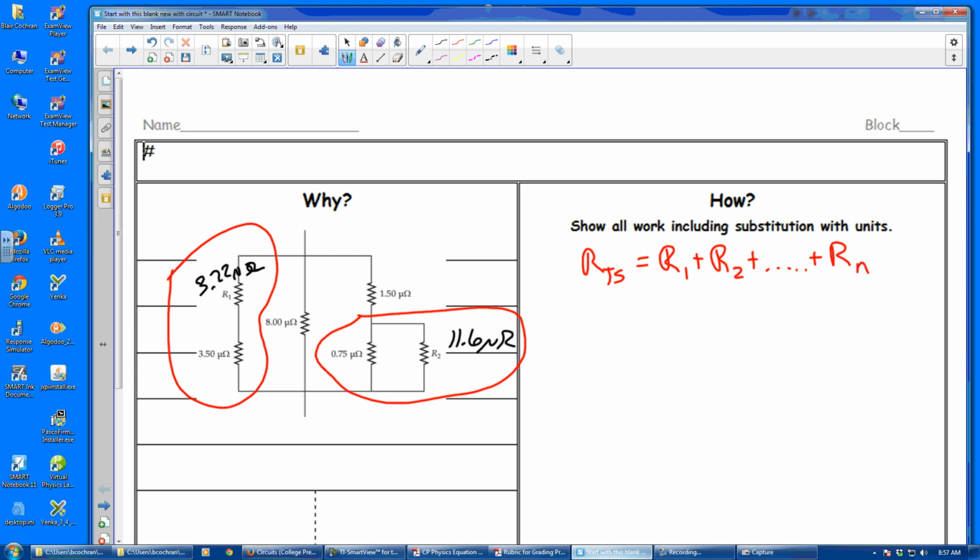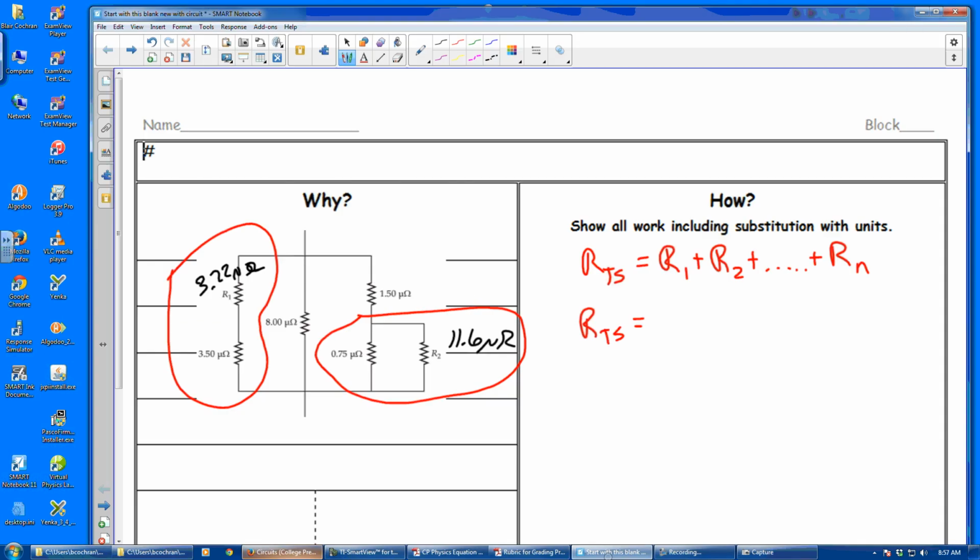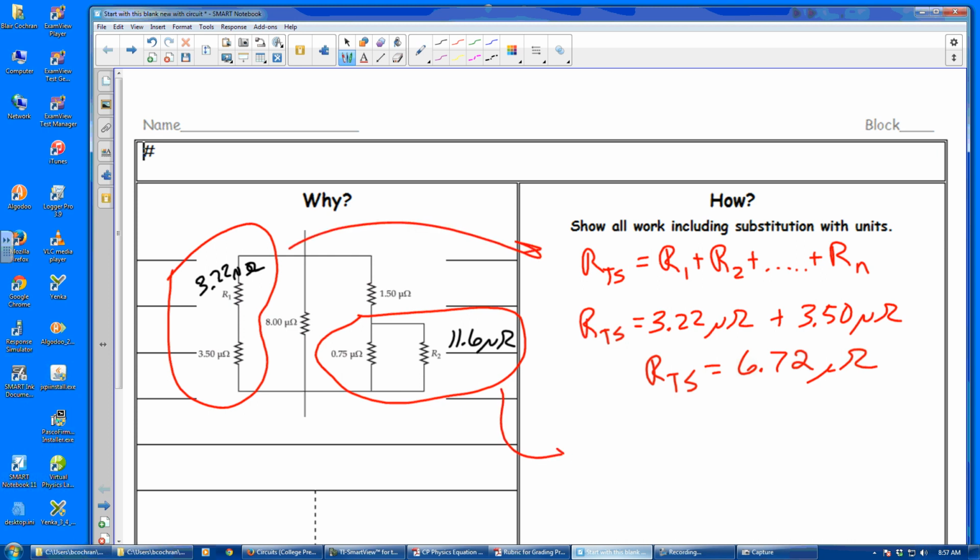And so here I only have two, so RTS equals the 3.22 microohms plus 3.50 microohms. Kind of do that one in my head. 6.72 microohms. So that's what those two are going to combine to be. Draw a little arrow just to help out.